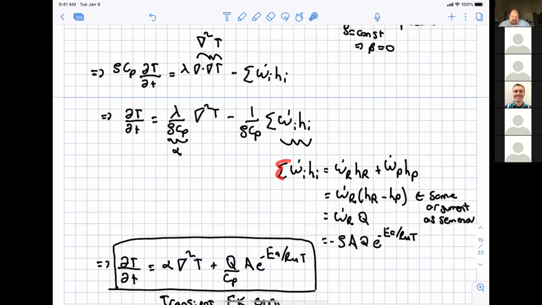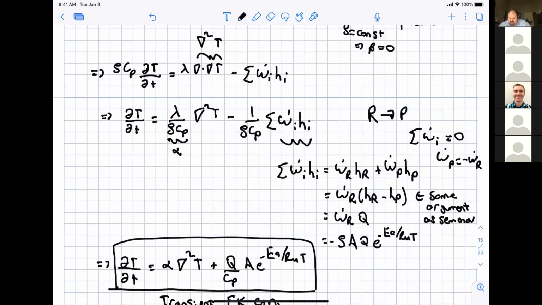You can expand out the sum into the products and the reactants, because remember that our chemical reaction is R goes to P, and we only have 2 species. So the sum here is omega dot R times the enthalpy of the reactants plus the rate of production of the products times the enthalpy of the products. And recall that the sum of omega dot i has to be equal to 0. So that means omega dot P equals minus omega dot R.